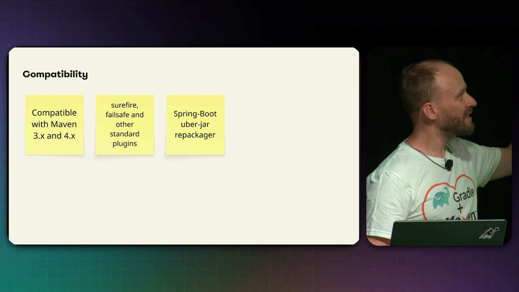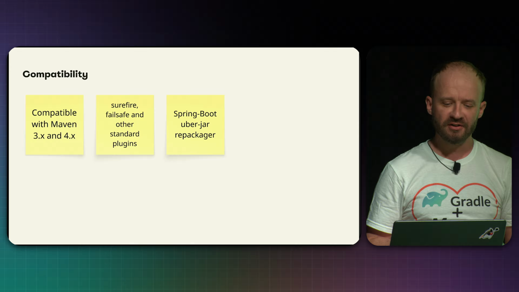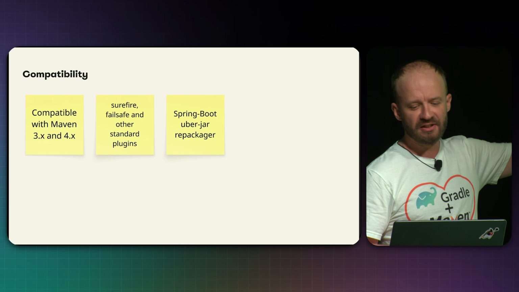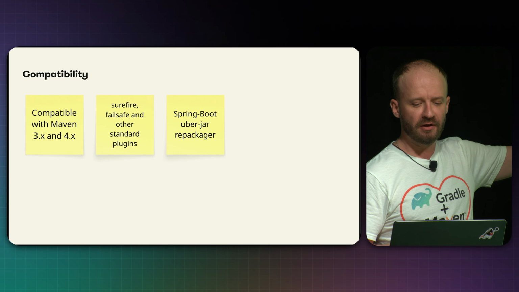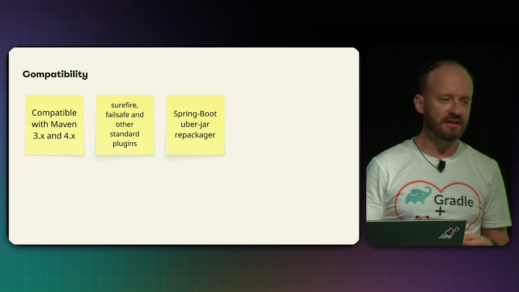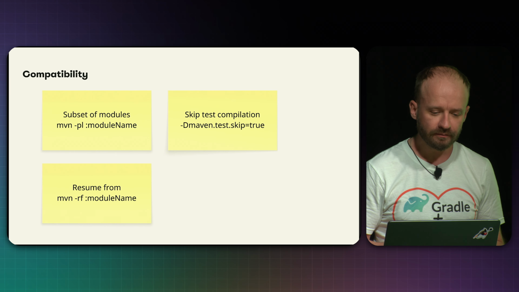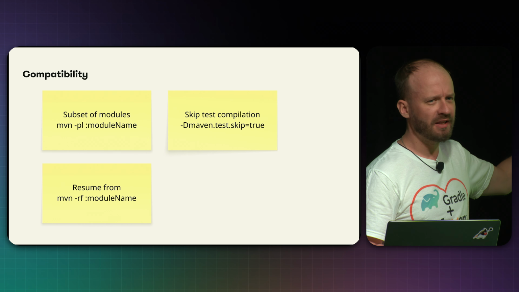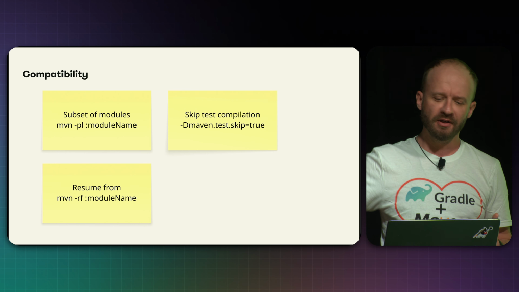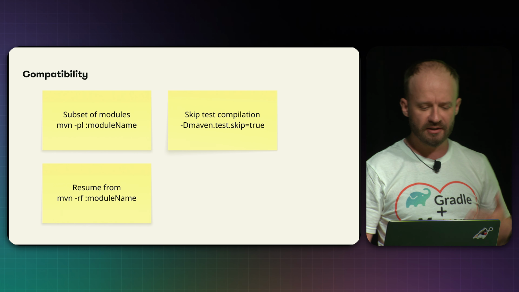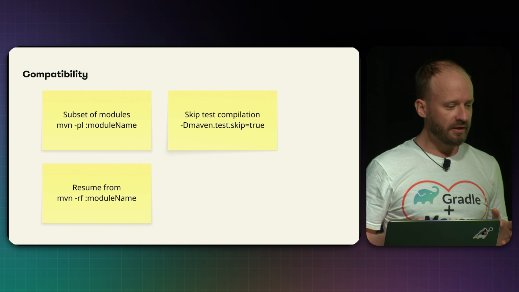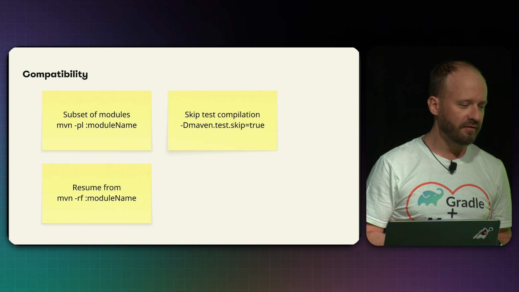All standard plugins like Surefire, FileSafe, and other standard plugins are working pretty fine. And classic things which are used quite often, like Spring Boot Uber Jar Repackager, also support this custom behavior. It also supports classic Maven features like building a subset of modules, skipping test compilation or running tests, resuming from a failed module, etc. So it's quite compatible with standard Maven build.